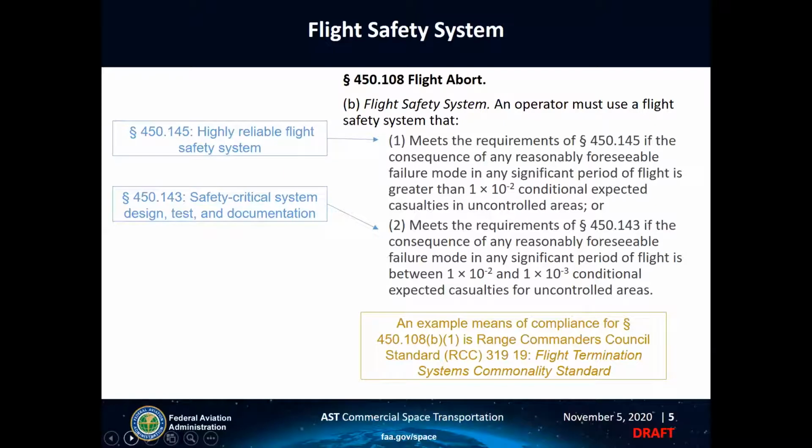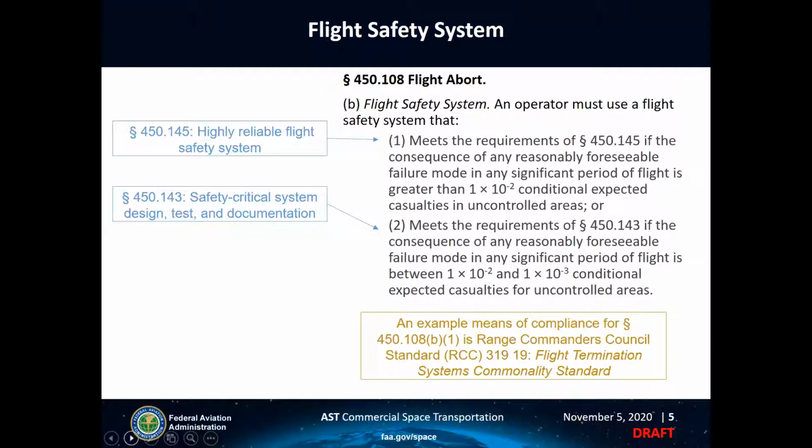Section 145 contains requirements for the highly reliable flight safety system. And we'd like to note that an example means of compliance for Section B1 of 108 is Range Commanders Council Standard RCC 319-19, Flight Termination Systems Commonality Standard.